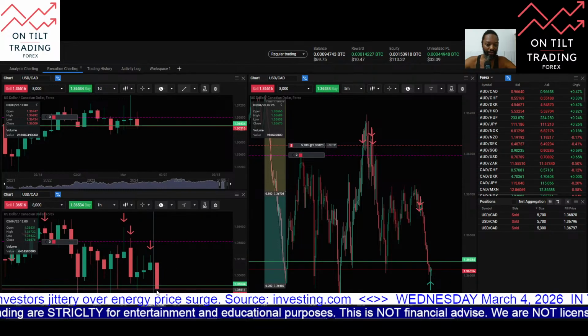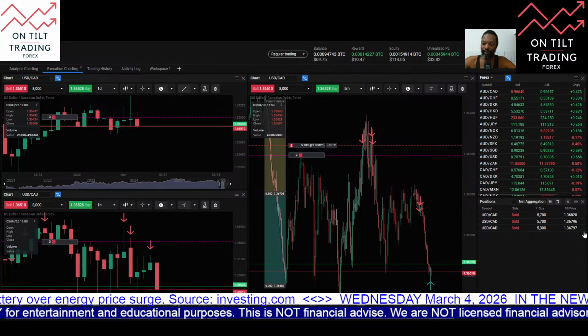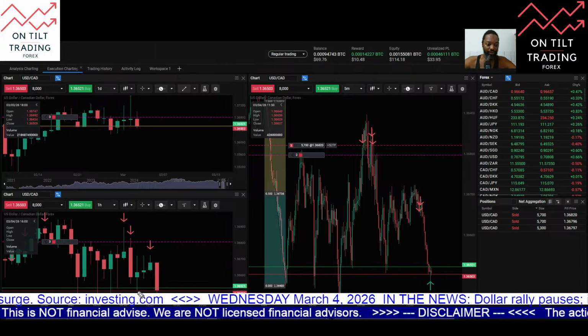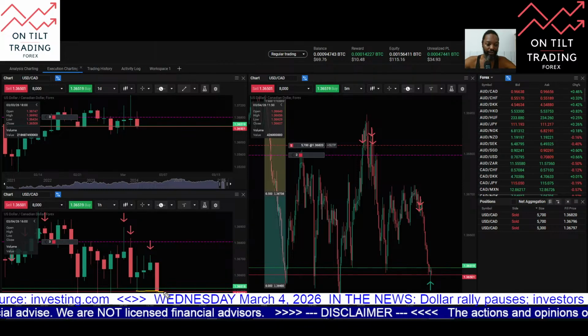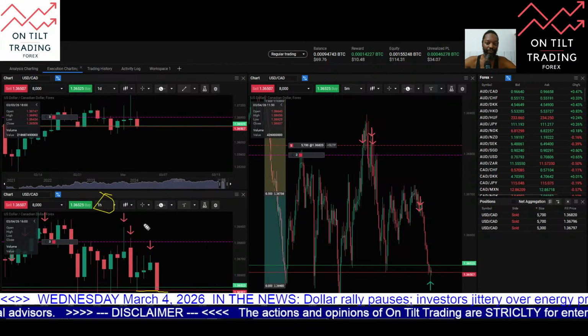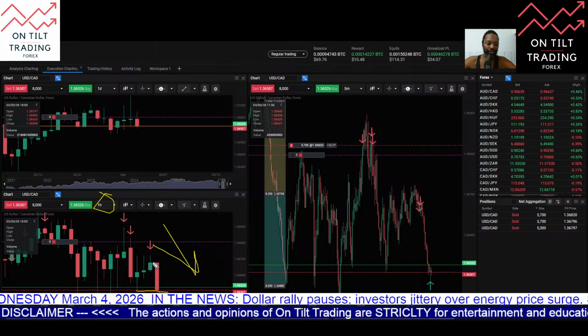You can see now price pulling back here. There's also the option for price to, so you can see there's already been a shift here. So the 1 hour chart has shifted bearish internally.